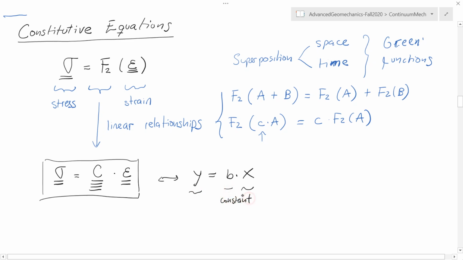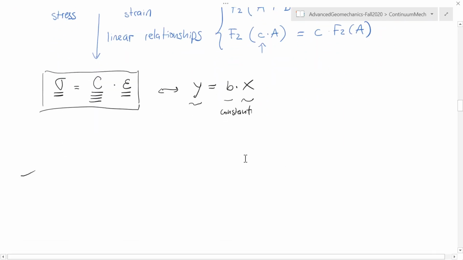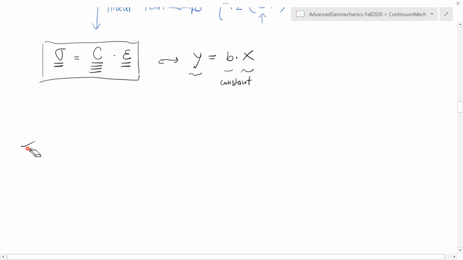If we're dealing with a linear relationship, then the matrix C is going to be a constant. Okay, so let's see what this fourth order tensor looks like. It sounds a little bit scary, but we'll see that it's not that scary.